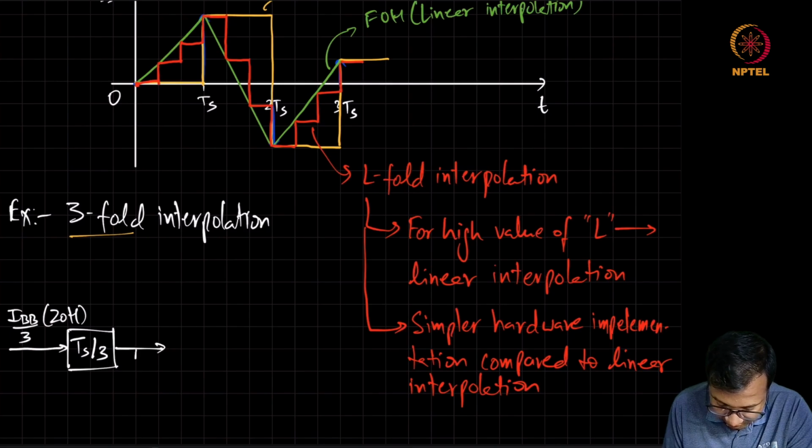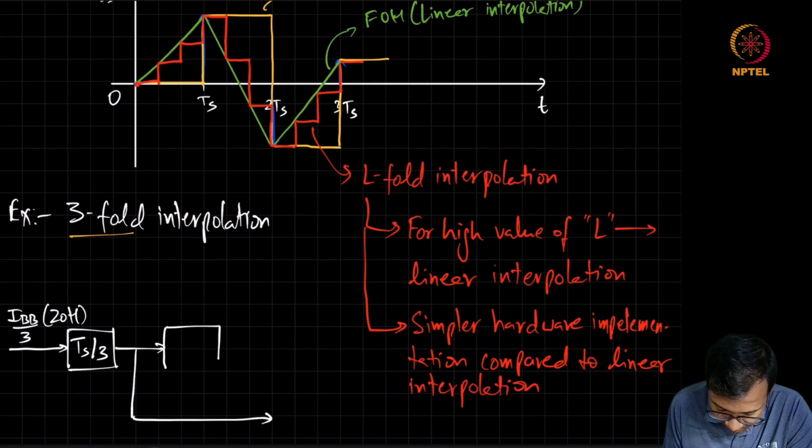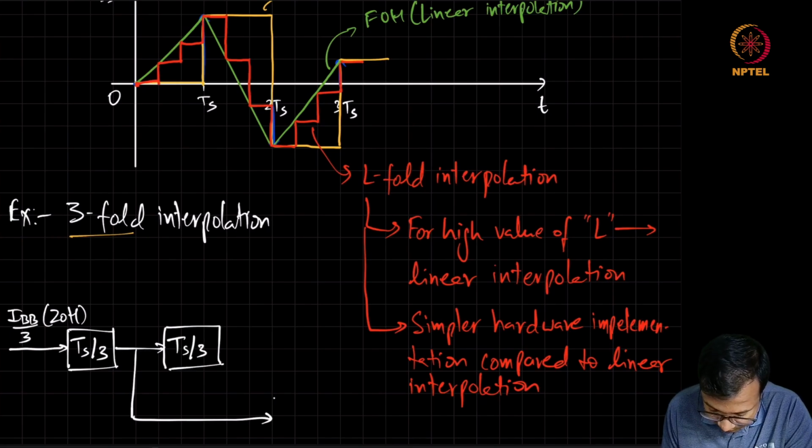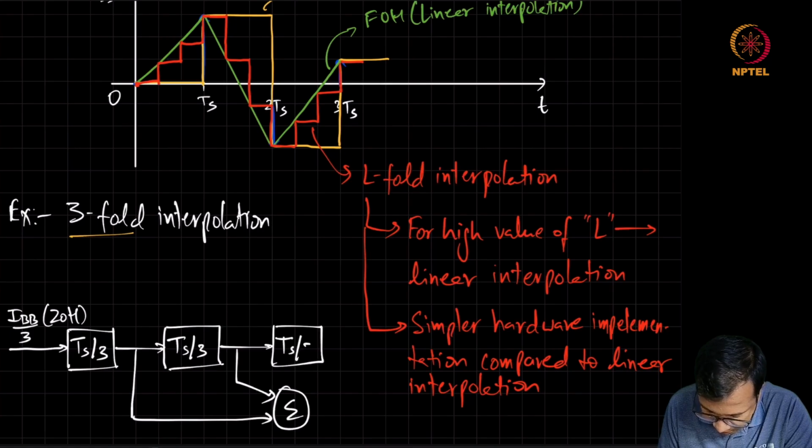And after this delay, we can take this output. Then we can add one more Ts/3 delay, and now we can add this output as well, so that we get the second jump. And finally we can add one more Ts/3 delay.